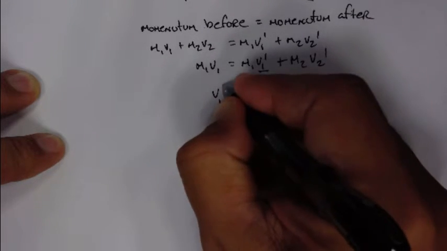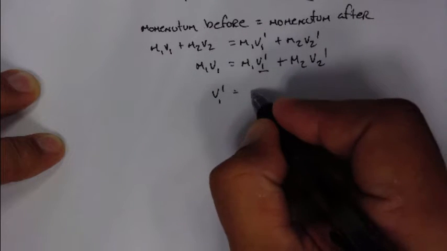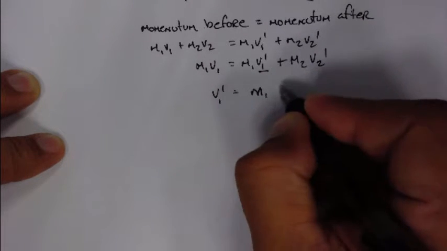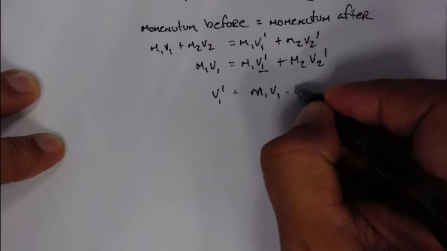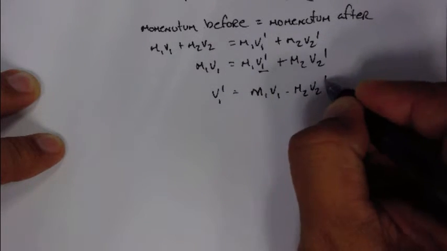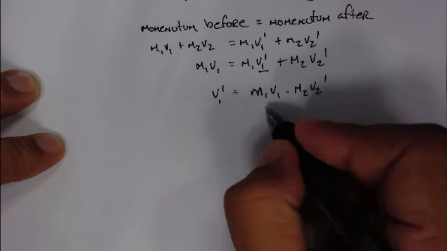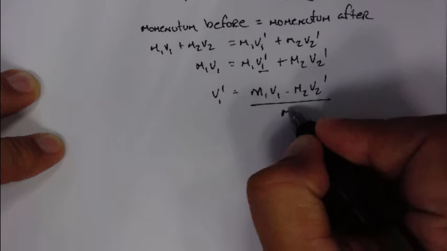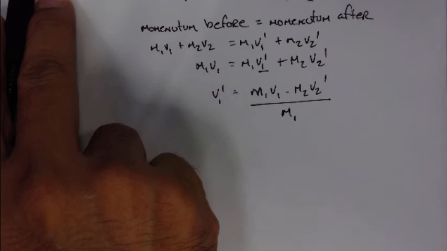So v1 prime equals, take m1 v1, we're going to subtract off the other, minus m2 v2 prime, and then we are going to divide by m1 on both sides. And if we take a look, the answer is C.